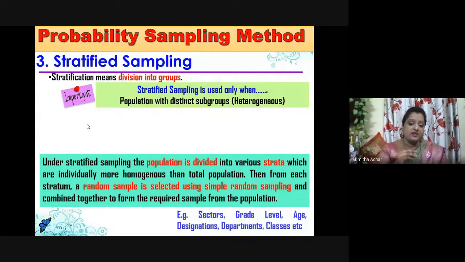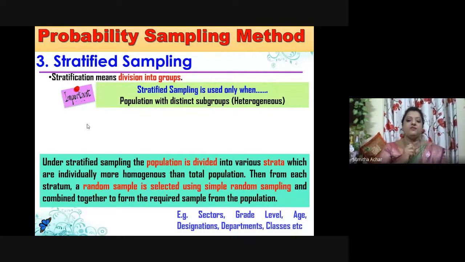Professor C.R. Kothari says that it's not easy to include all of them in the group. You should get an equal representative from the strata. So to have an equal representative from the strata, Professor Kothari defines something called a stratified random sampling technique.